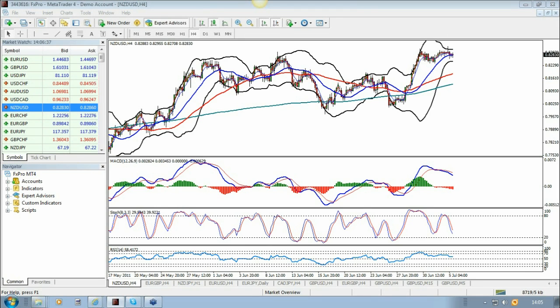All right, friends. So let's begin. Why is it so important to know how exactly to manage your account, and why the most important thing is that each trader can actually know what is better for him.